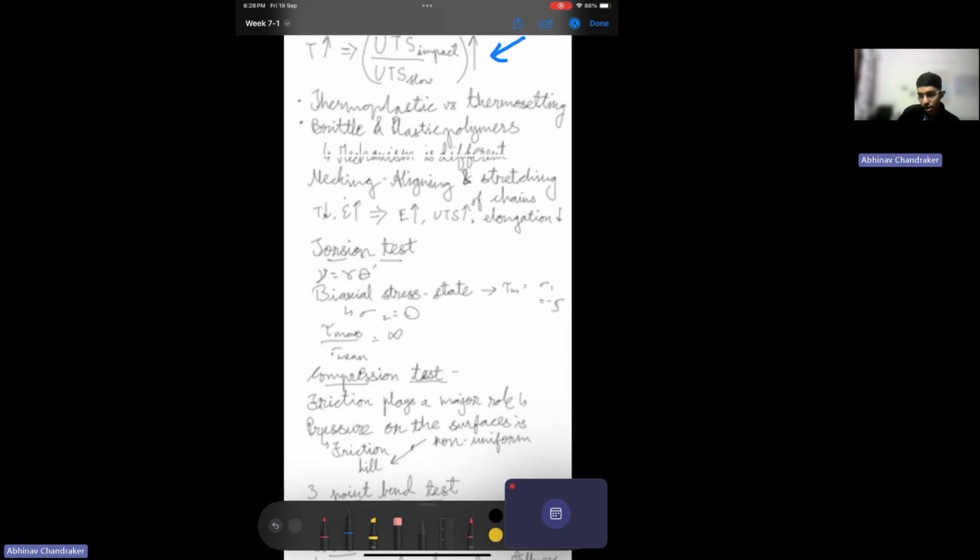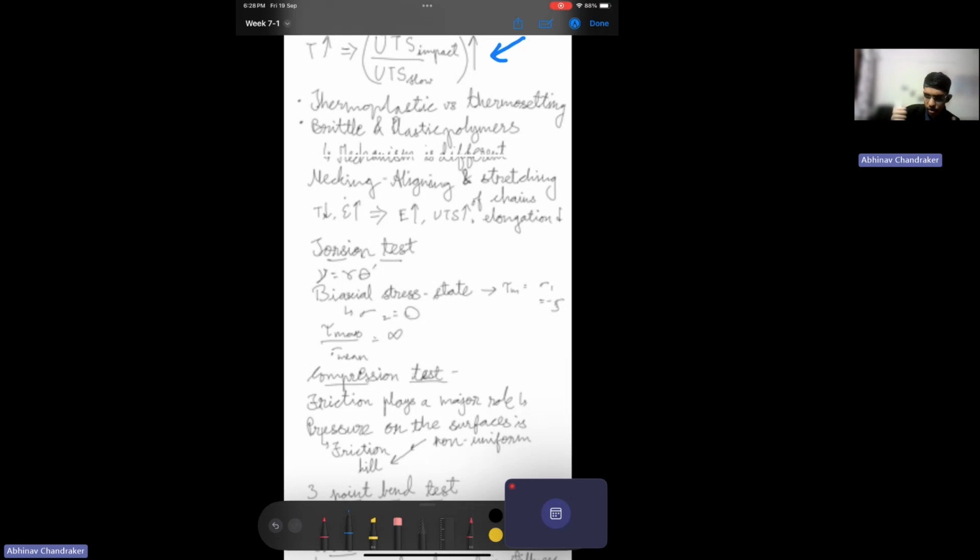So they have a different internal structure, and due to it the mechanism of strengthening and mechanism of deformation is also different in both. I think in thermoplastic you have just weak links between bonds, and the bond structure is open, so it can easily rearrange when you are trying to deform it.